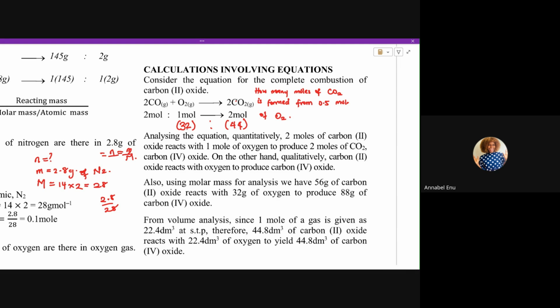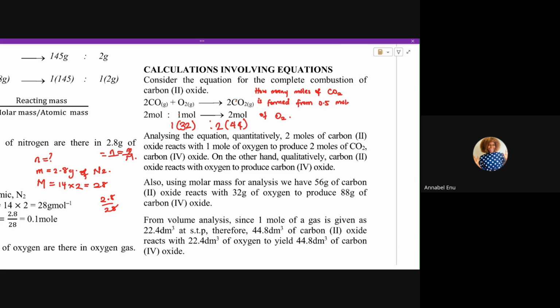That is the molar mass alone, right? But since from the balanced equation we have 1 mole of this O2 to give us 2 moles of this CO2, it's more like saying 1 multiplied by 32 and then 2 multiplied by 44.